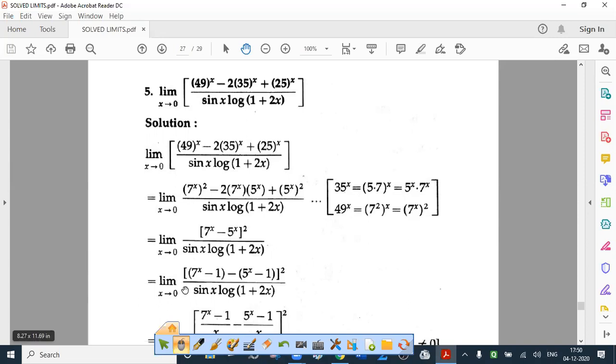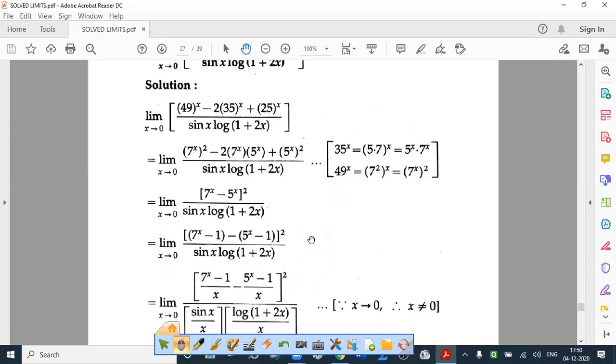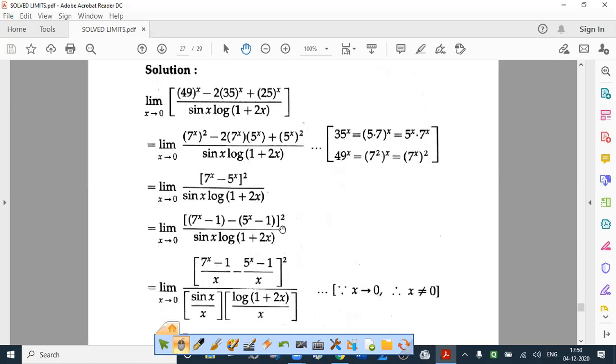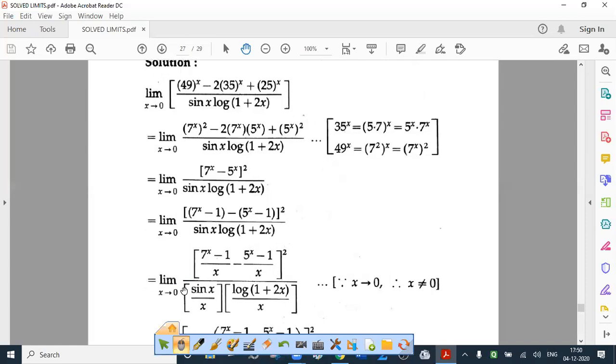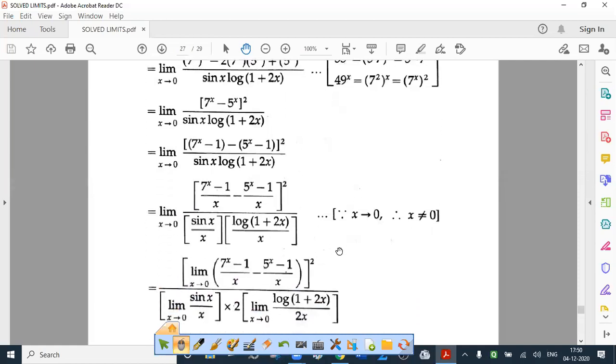So (7 raised to x minus 1) minus, in bracket, (5 raised to x minus 1). Denominator as it is. Now next step, divide numerator and denominator by x square. So this becomes (7 raised to x minus 1 upon x minus 5 raised to x minus 1 upon x) square, upon sin x upon x, log of 1 plus 2x upon x. Next step.